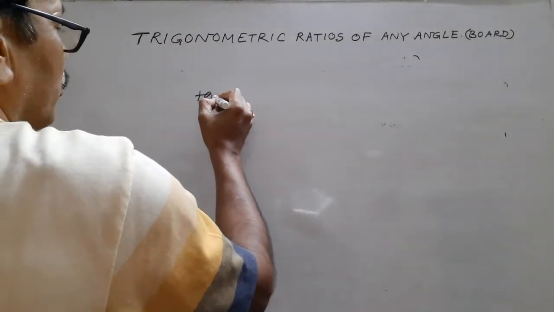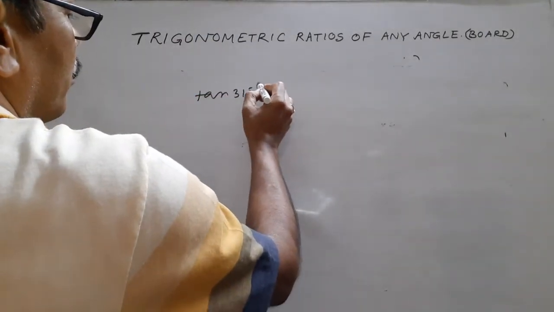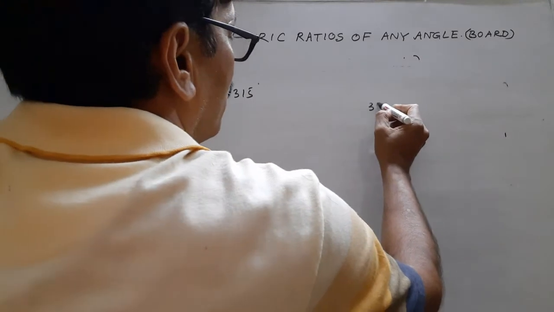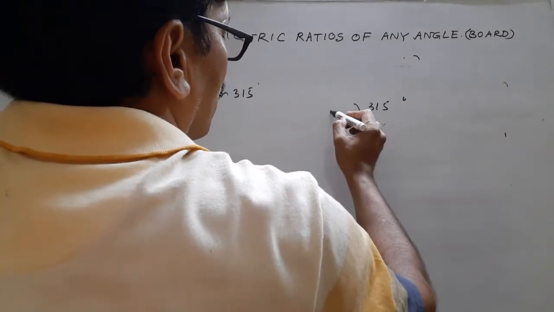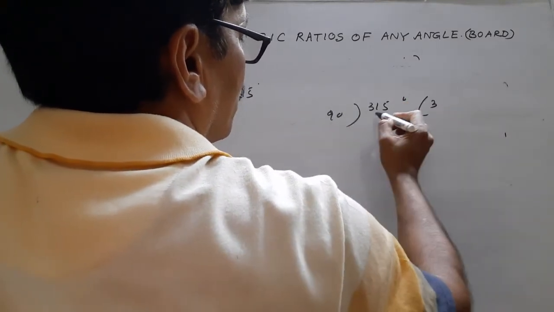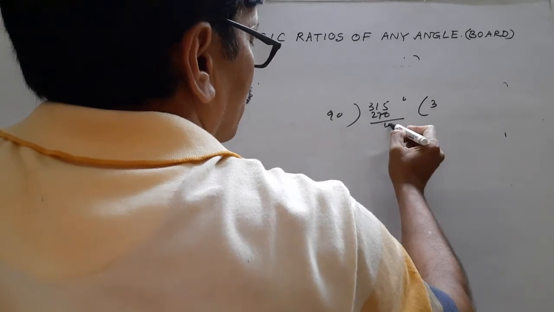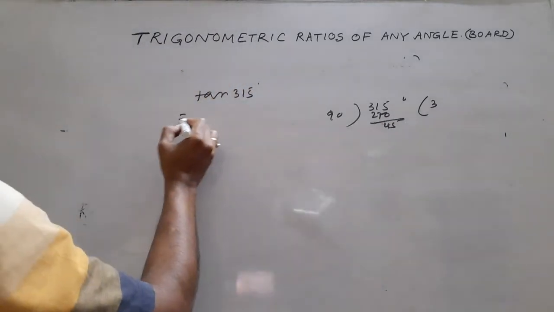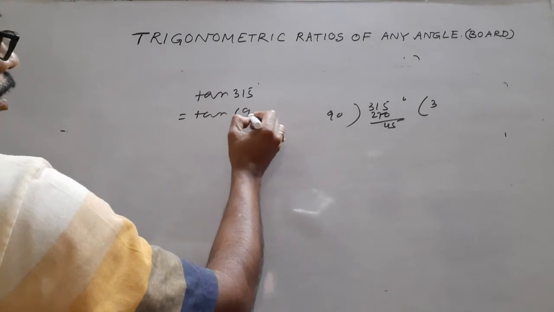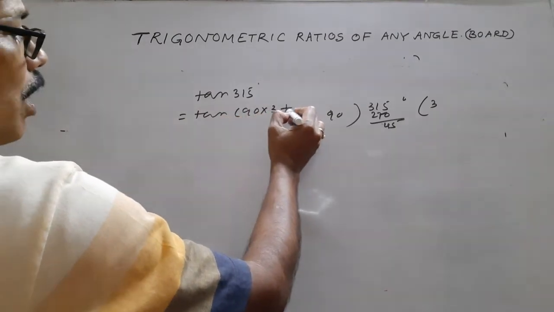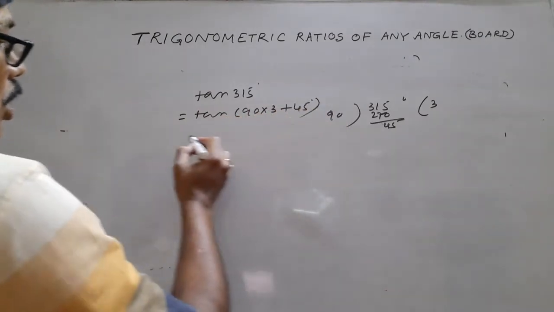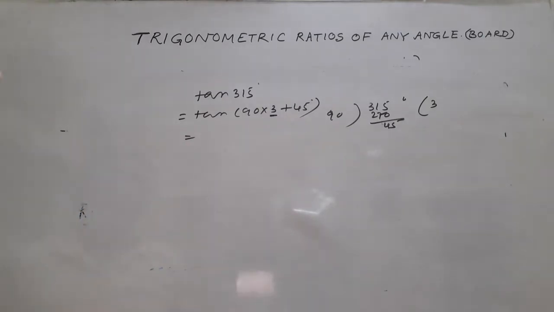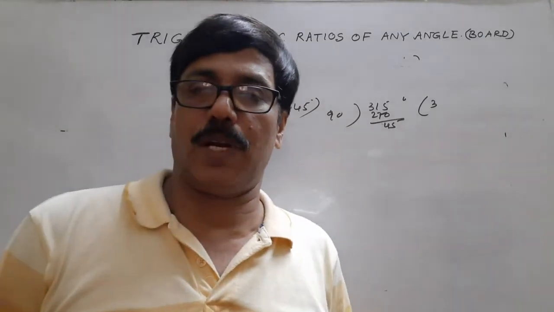So tan 315. So 315, 90 into 3 is 270. So this is 45. So this is tan 90 into 3 plus 45. So it is an odd multiple.